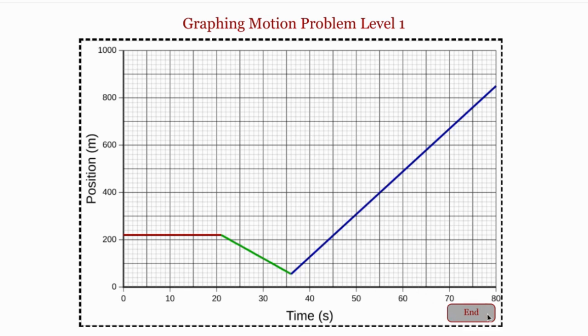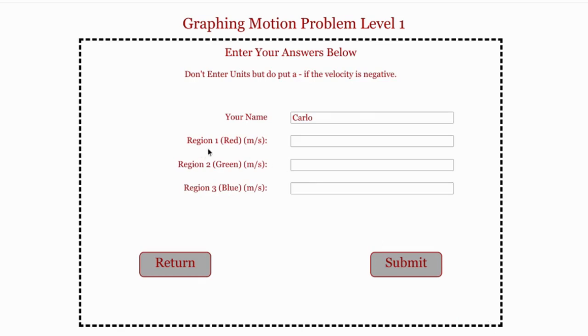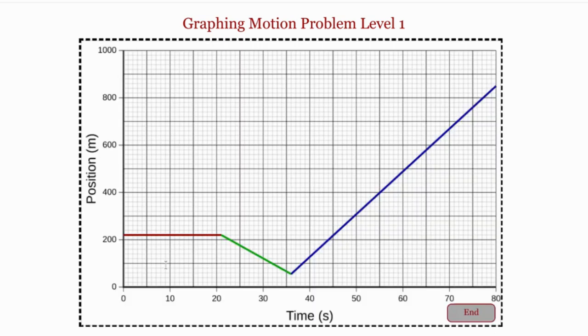So if I hit end, it's going to ask for the speed in the red region, the speed in the green, and the speed in the blue. So let me return. So I just need to get the slopes. Well, this first slope is really easy in the red region because it's at the same location the whole time. So that one's 0.